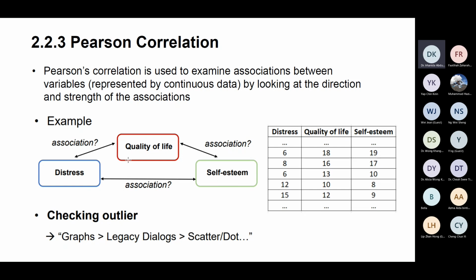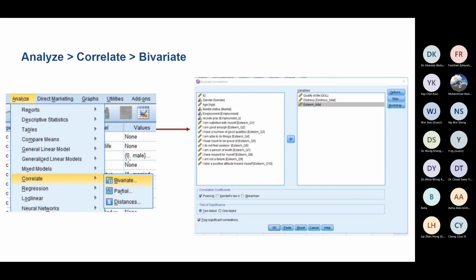So we can run Pearson correlation analysis. But before that, we need to check for outliers, whether there are items or results that are not supposed to be there. But the most important thing here is to run the correlation to see whether there is a relationship between these variables and how strong the association is.